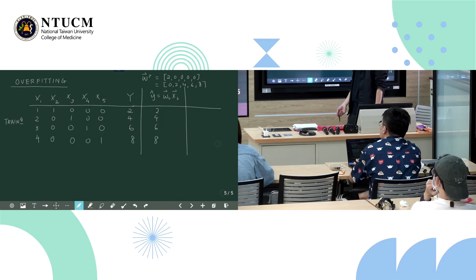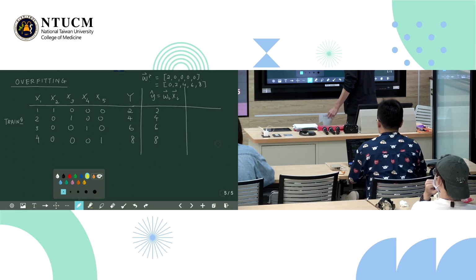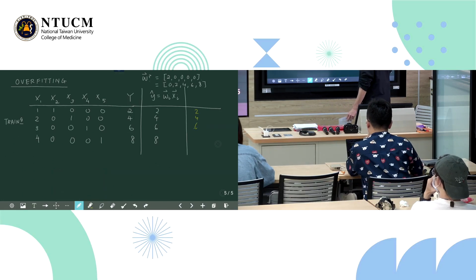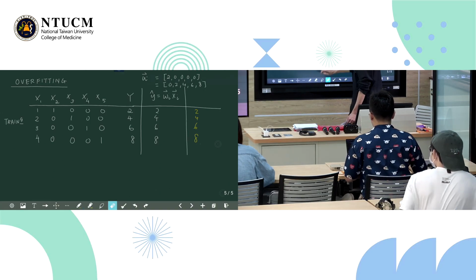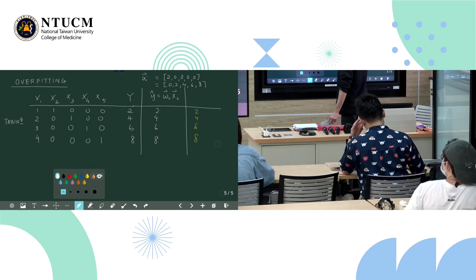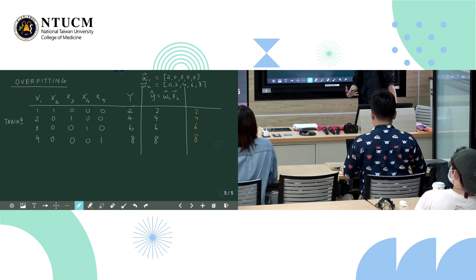And then if the other column is on, I will contribute. And I don't care about column 1. Okay? So that will also give me the same 2, 4, 6, 8. Okay? So I have this one, W1 and W2. Okay? All right.